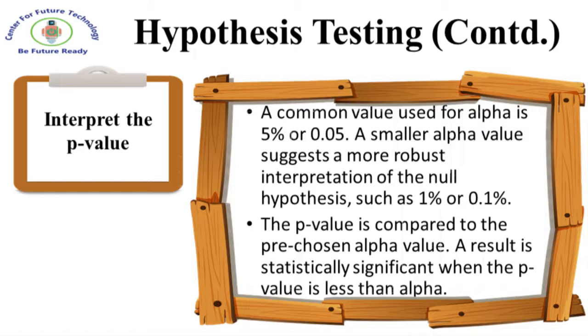A smaller alpha value suggests a more robust interpretation of the null hypothesis, such as 1% or 0.1%. The p-value is compared to the pre-chosen alpha value. A result is statistically significant when the p-value is less than alpha. This signifies a change was detected, that the default hypothesis can be rejected.